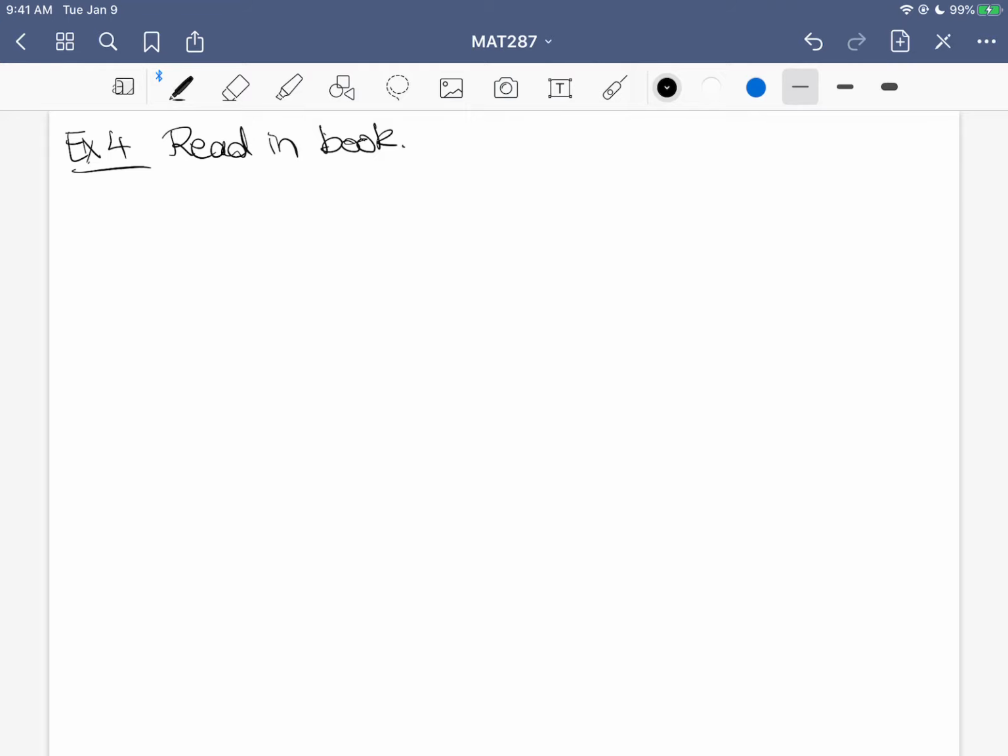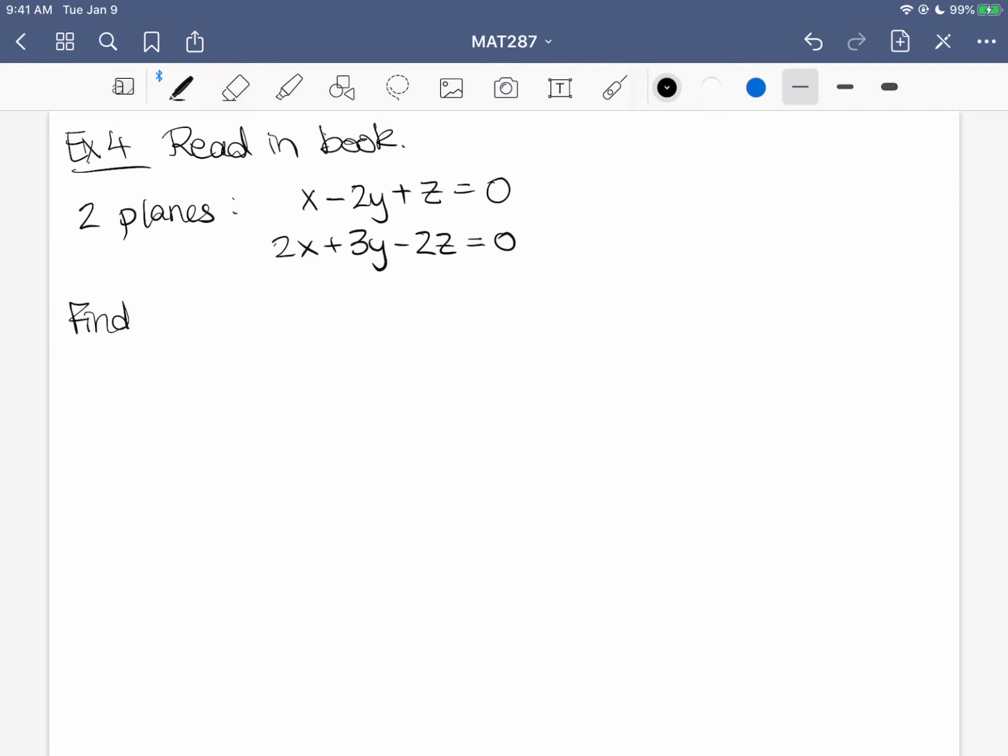So we've got two planes, x minus 2y plus z equals 0, and 2x plus 3y minus 2z equals 0. And I want to find the line of intersection.